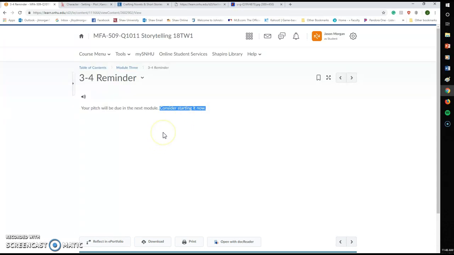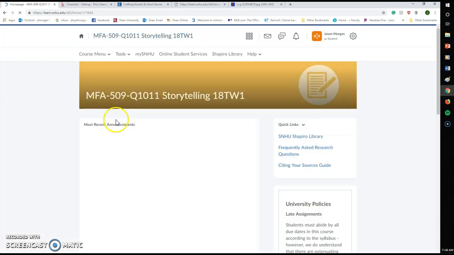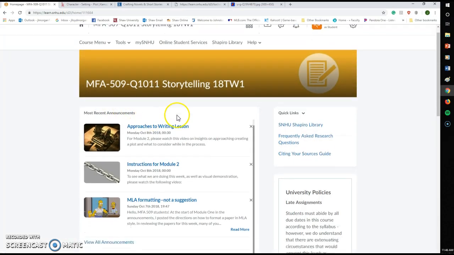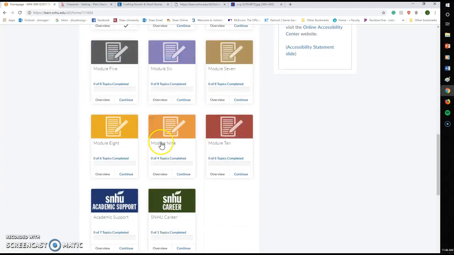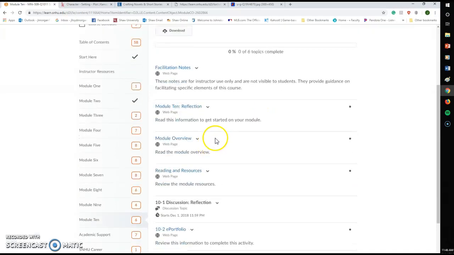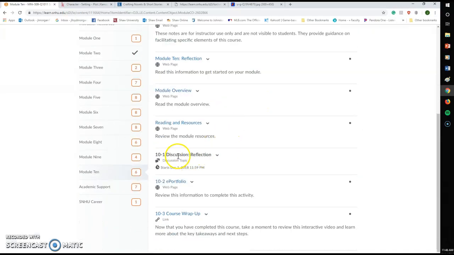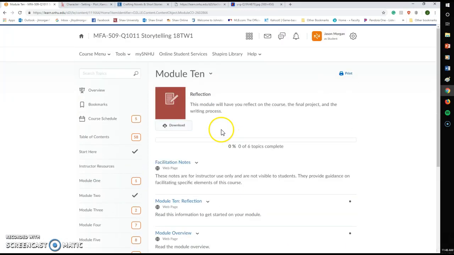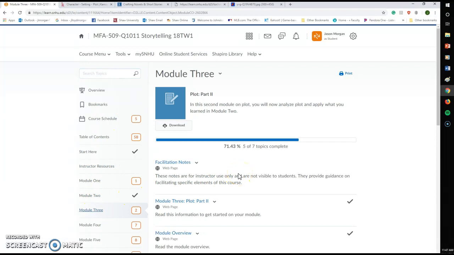If we go back to the main page here, I think the final thing we have to do for this class is, down here, that you're going to be supporting a pitch with the final discussion, which is the final assignment. You have to put a pitch and have an outline. So this next module, module 4, basically we're going to get the pitch part down. So I'll start working on that now. Okay, so that's module 3 at a glance.